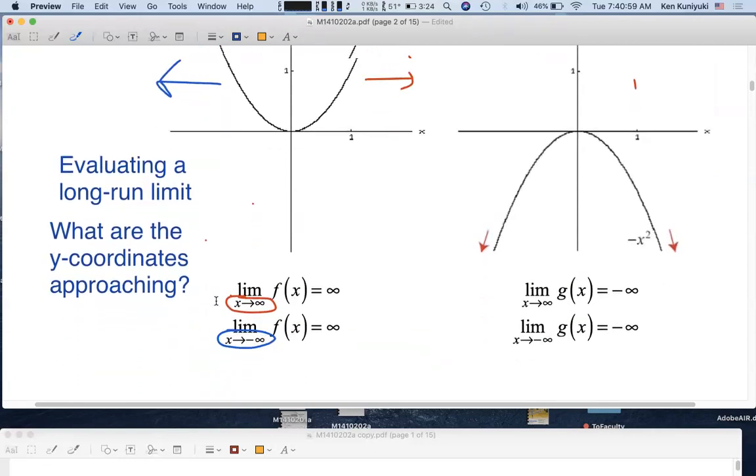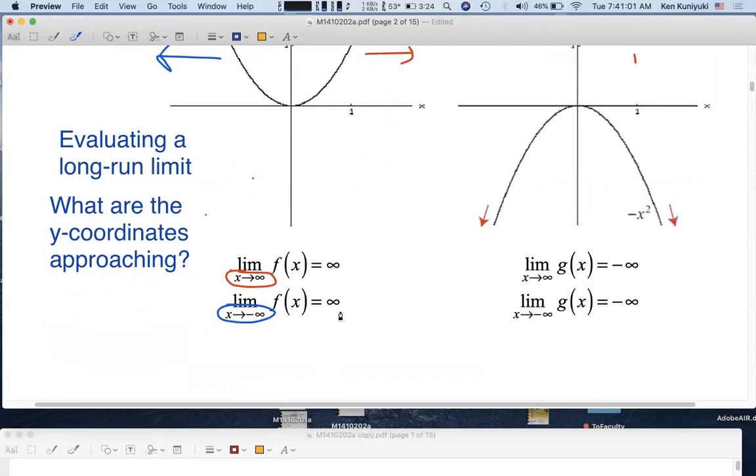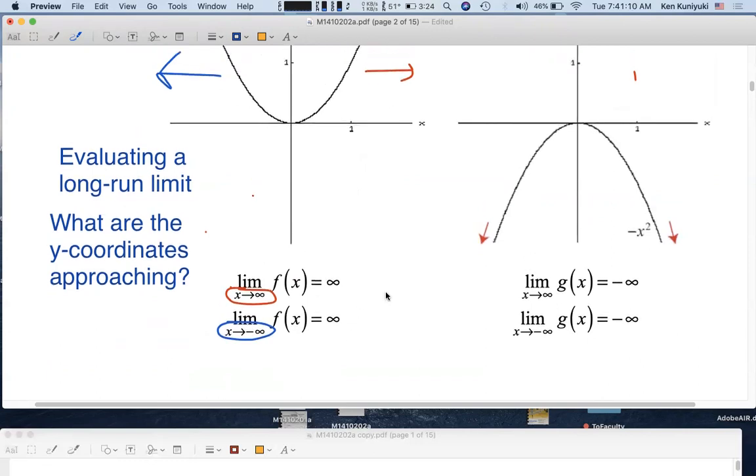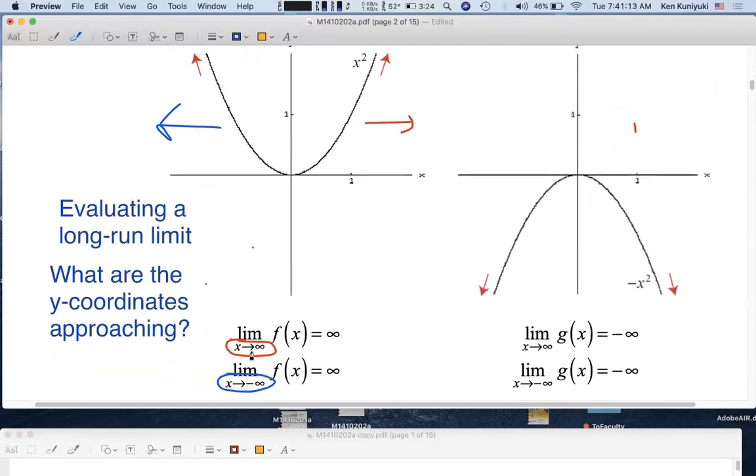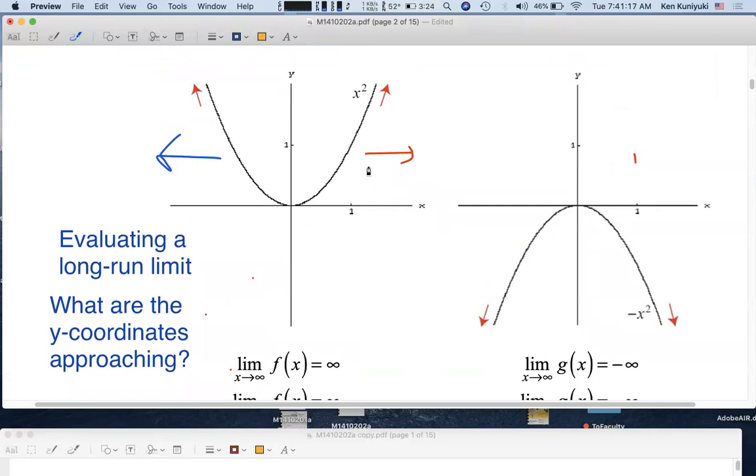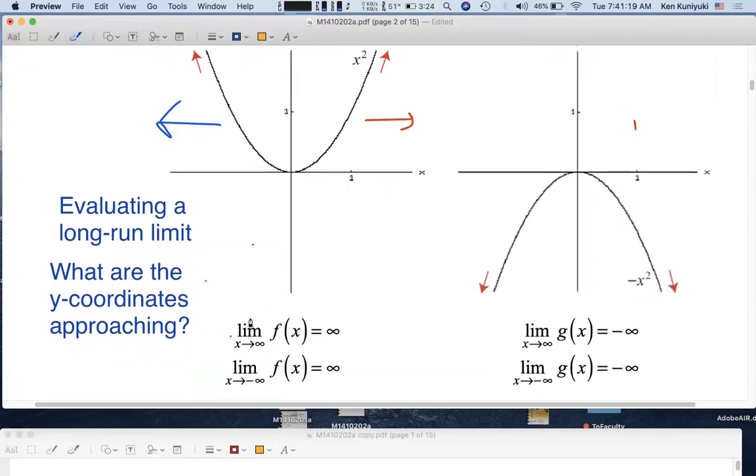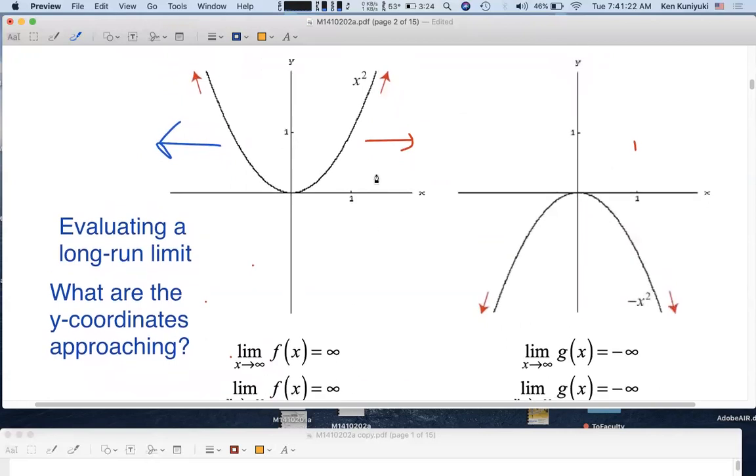And for these bowls and snakes, the answers to these limit questions will be either infinity or negative infinity, if you're dealing with these kinds of polynomial bowls or snakes. Okay. So in the case of y equals x squared, f of x equals x squared, as x approaches infinity, well, as x goes off to a million, a billion, a trillion, what's happening to the y coordinates? The y coordinates are also approaching infinity.